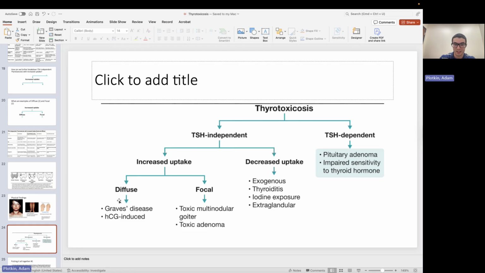And maybe it's Graves. We could test for the TSIs. Or is this beta HCG induced? Is the patient pregnant? Was she just pregnant? Does she have metastasis to the lungs? Are we thinking choriocarcinoma? Or was it focal? Is it one spot, a toxic adenoma? Or is it multiple spots, a toxic multinodular goiter? So again, this is the framework I use to think through any thyrotoxicosis. It works beautifully. You just have to practice with it.